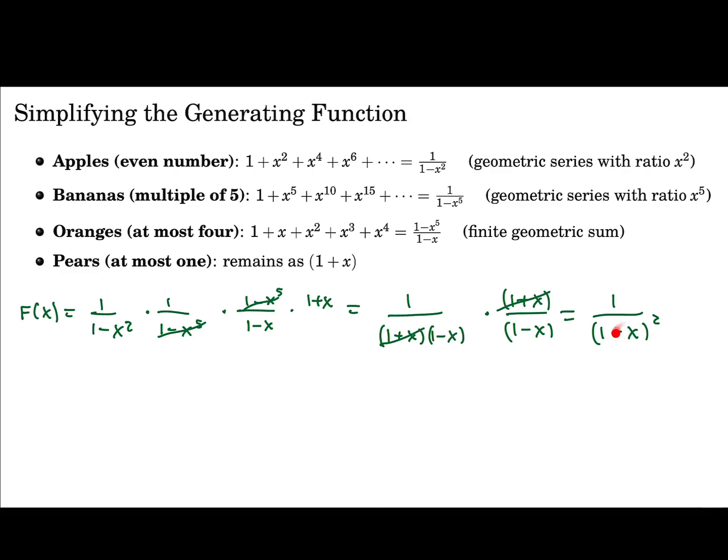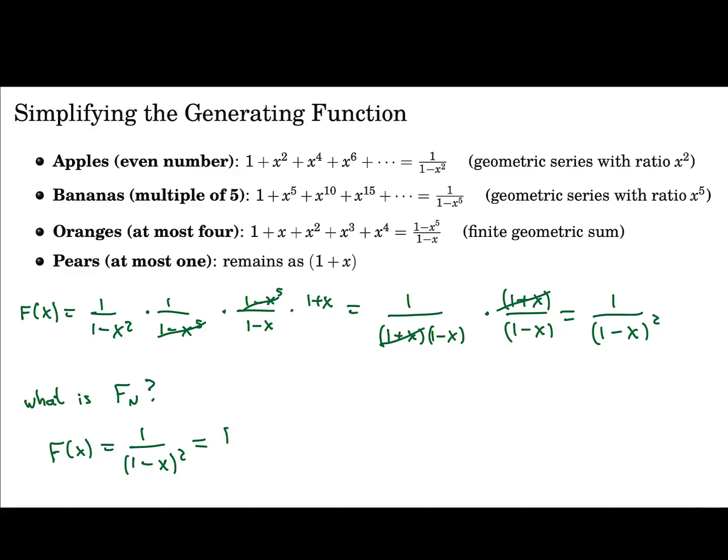is going to be this function, and we are interested in what is fn, so the nth coefficient. So remember, f of x is equal to 1 over (1 minus x) all squared.